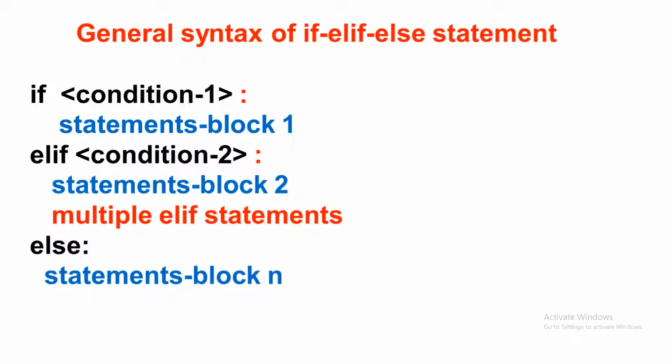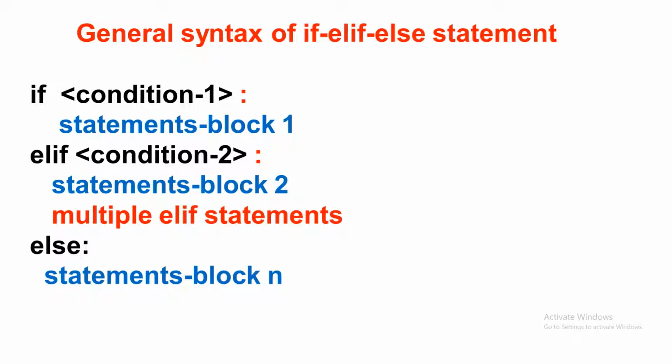So every if, elif statement is followed by a condition. If the condition evaluates as true, then the code in that block gets executed. Once the code in any of the blocks is executed, the control flow moves out of the entire if, elif, else block. If none of the if, elif conditions are true, then the else block code is going to get executed.